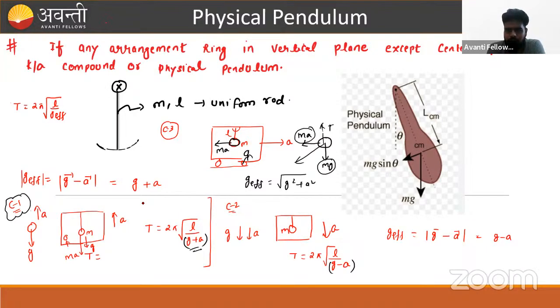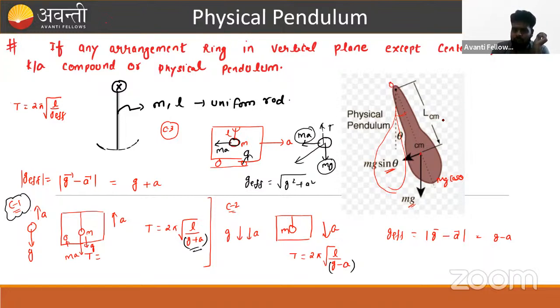This is the original position of our body, and if we give a small angle theta displacement, mg is acting in the downward direction, mg cos theta is acting along the line of the center of mass, and mg sin theta creates a torque about this point of suspension. I hope this is clear to everyone.